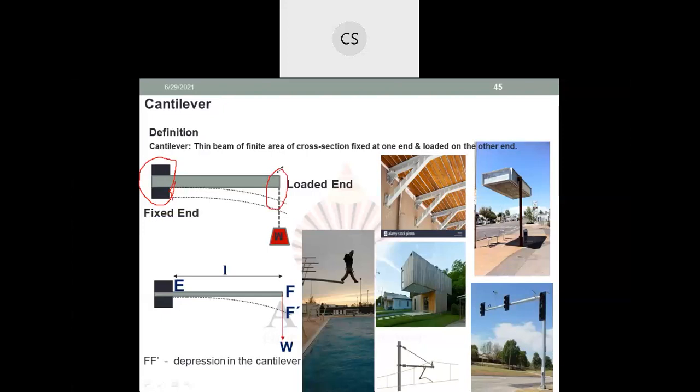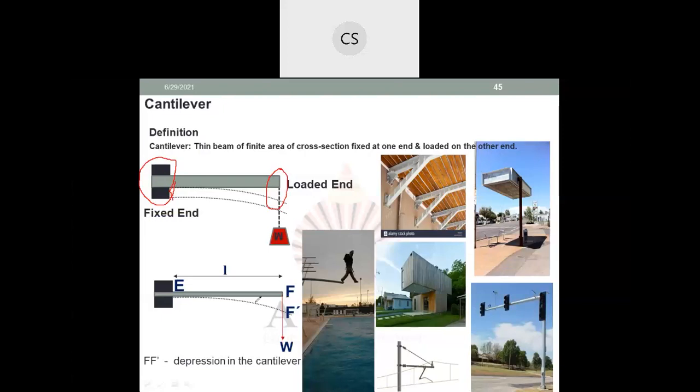This is the loading end. A thin beam of finite area of cross section fixed at one end and loaded at the other end is known as a cantilever. That is the definition of a cantilever.